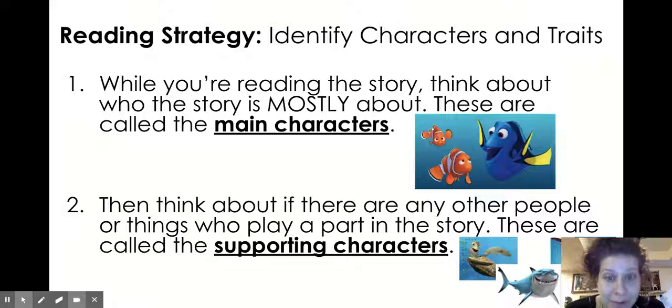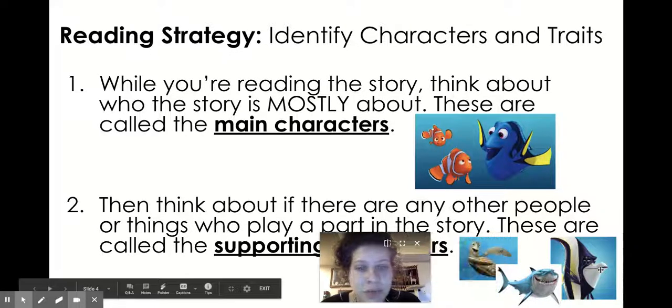Then you're going to think about if there are any other people or things like animals who play a part in the story. These are called the supporting characters. It's not who the story is mostly about, but they're in the story and they play a role too.